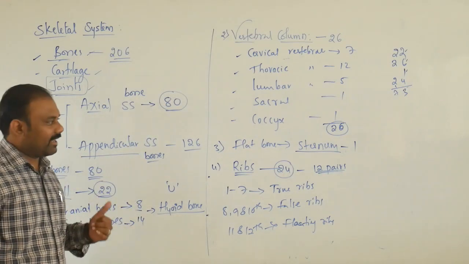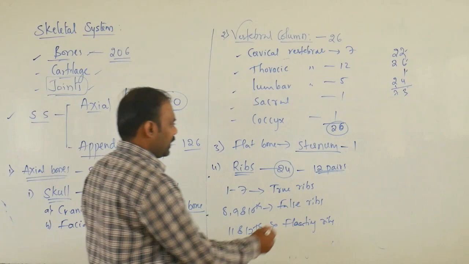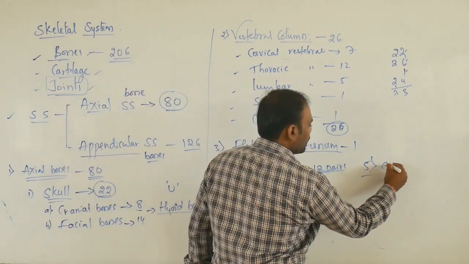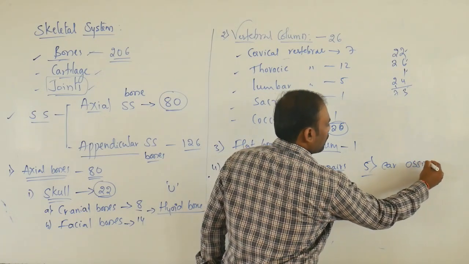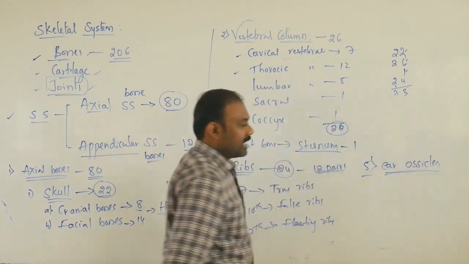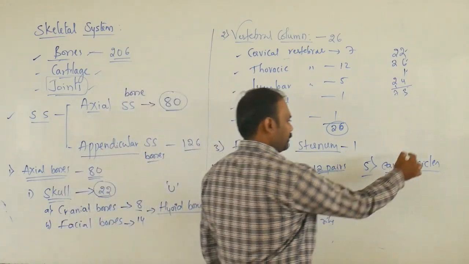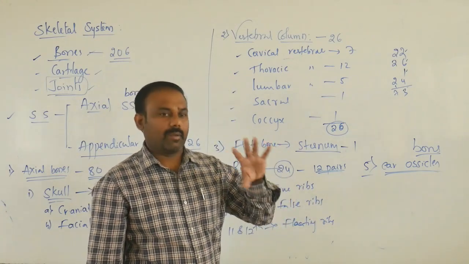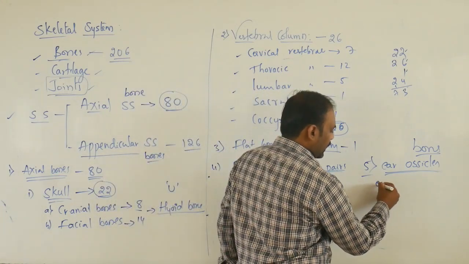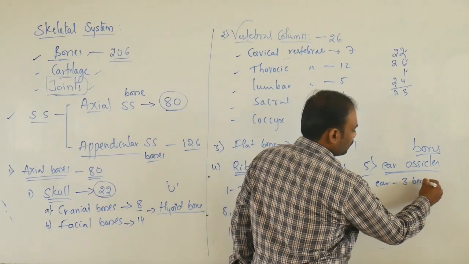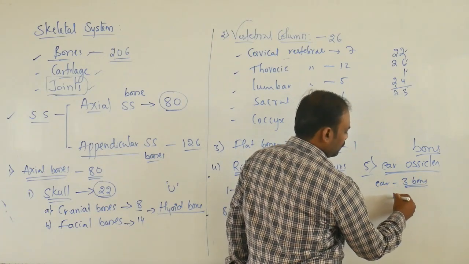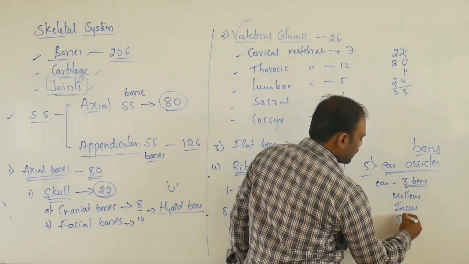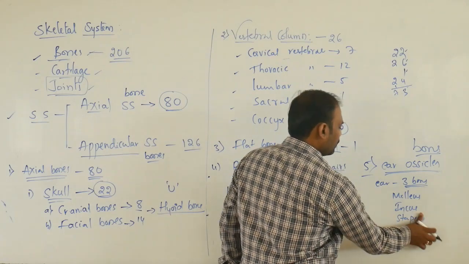So for that reason we need 6 more bones. They are called ear ossicles, the ear bones. Each ear, right or left, contains 3 bones: malleus, incus, stapes.